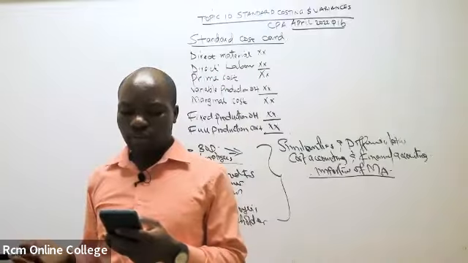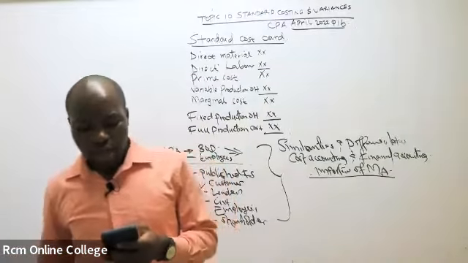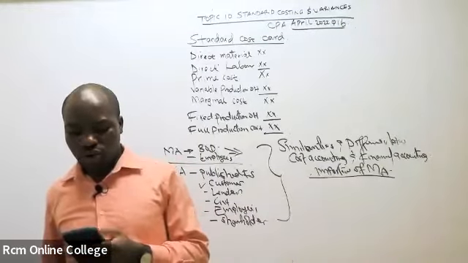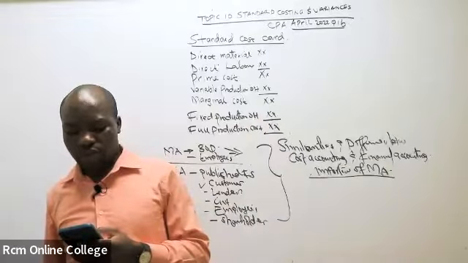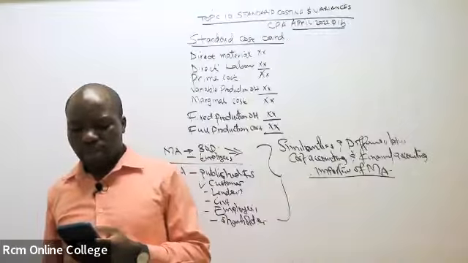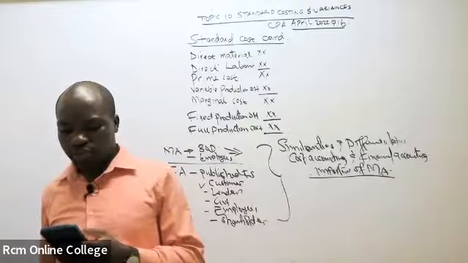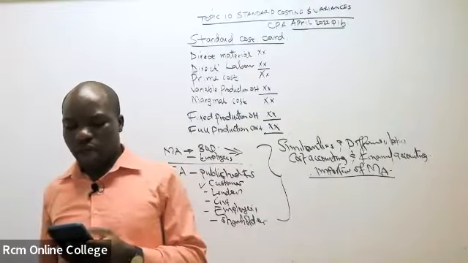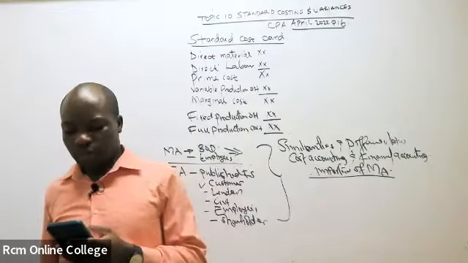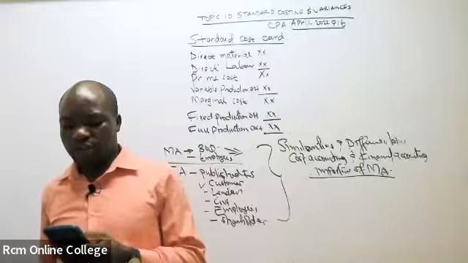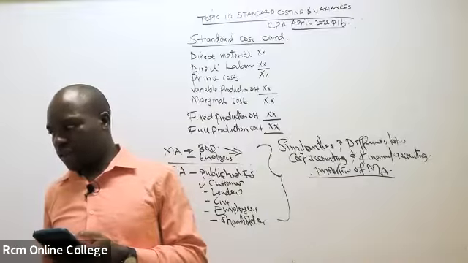Variable overheads, we have 500,000 hours and the shillings are given there. Finishing cost center, we are also given something there. Then fixed overheads: we have production fixed overheads, selling and distribution fixed overheads, and administration cost fixed overheads.